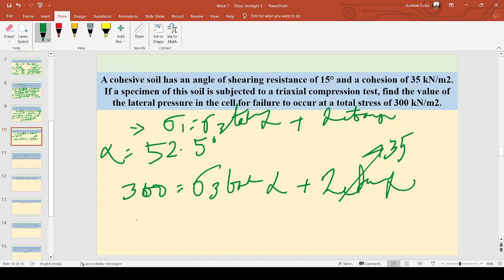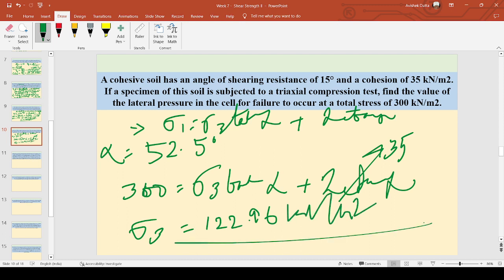Rearranging the values, we get sigma 3 equals around 122.96 kilonewton per meter square. Easy question, very easy question. I'll go to the next question now.